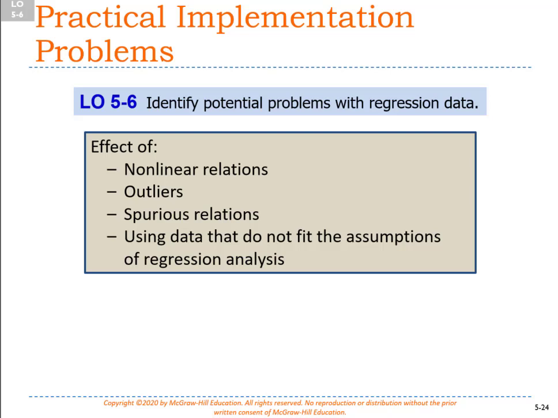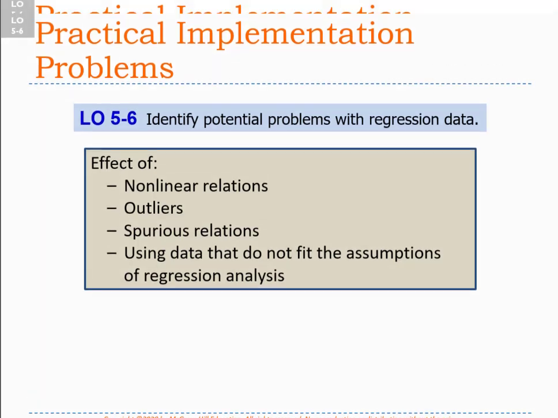You may also find relationships that don't actually exist. Just because they happen to move in the same direction does not mean that one is necessarily causing the other. And there are situations where we're outside the relevant range or the data doesn't fit some of the other assumptions we have to make for regression to be valid.